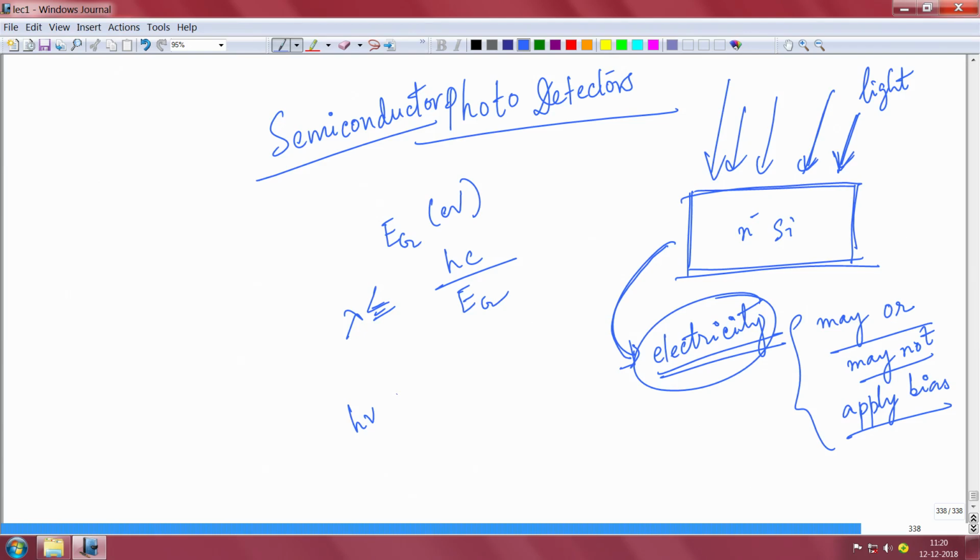Photons whose energy h nu is greater than the band gap will only be absorbed and probably give you electricity. So if you have a band gap of 1 electron volt, you cannot absorb a photon of, say, 2 micron wavelength because it will pass through. So depending on what wavelength you want to detect, you need a band gap appropriately. You want to have the band edge at that wavelength or at a longer wavelength than that.